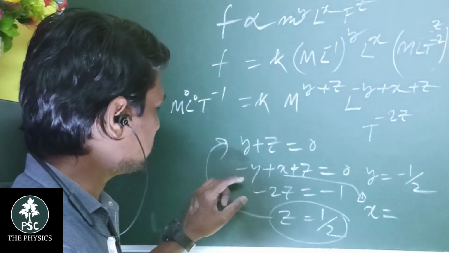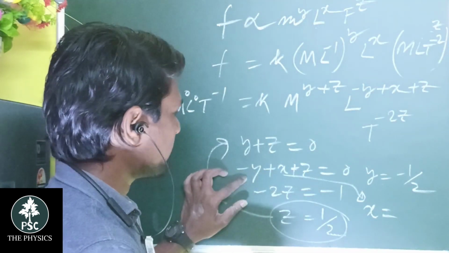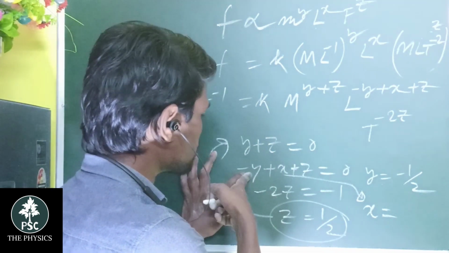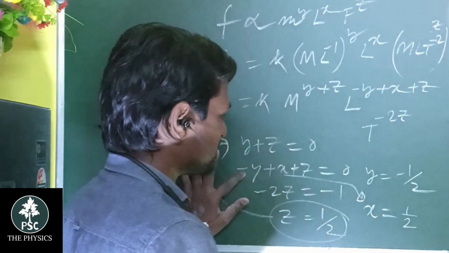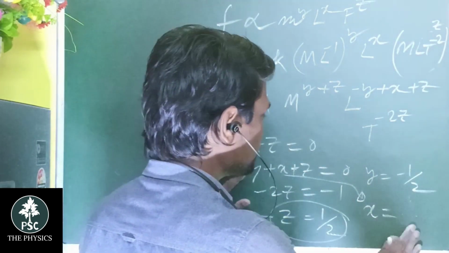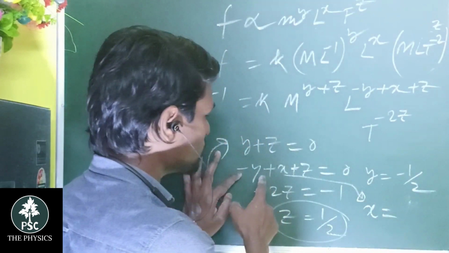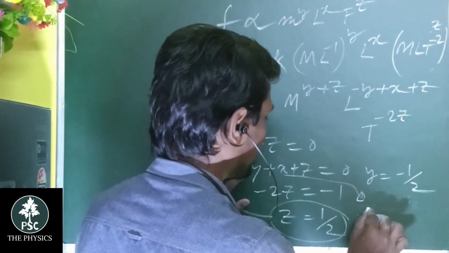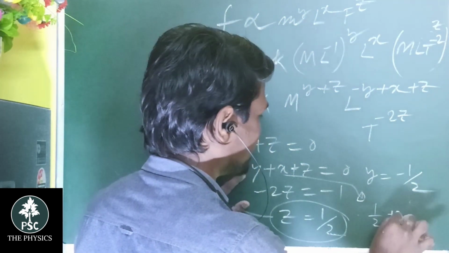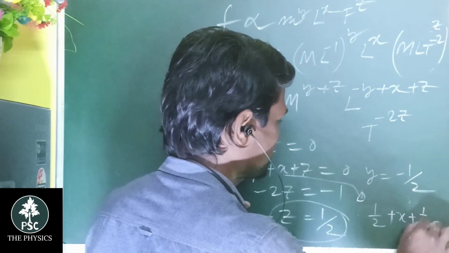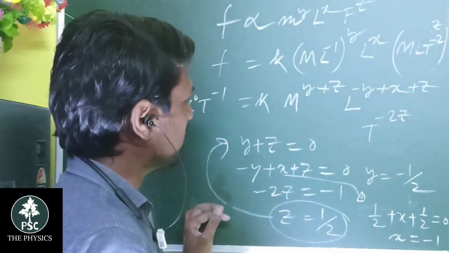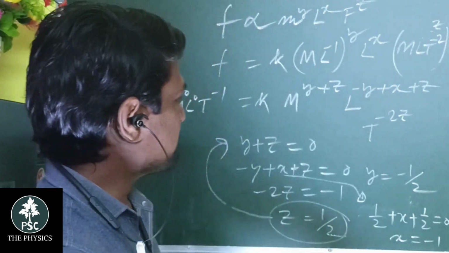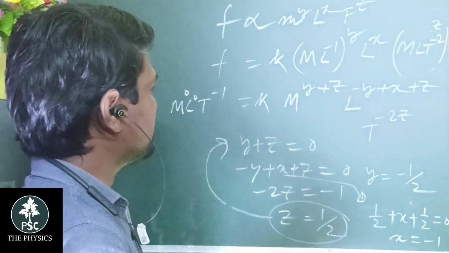So x equal to minus y, minus of minus half, that is plus half. So minus of minus half, that is half, plus x plus z, that is half, is equal to 0, so x equal to minus 1. Okay, so x is minus 1, y is minus half, and z is half.